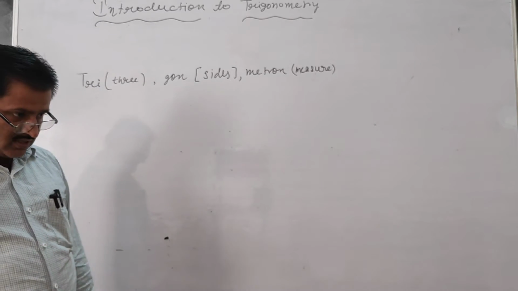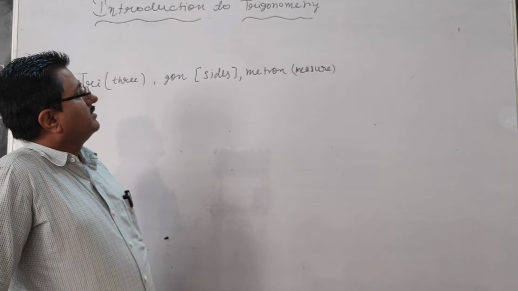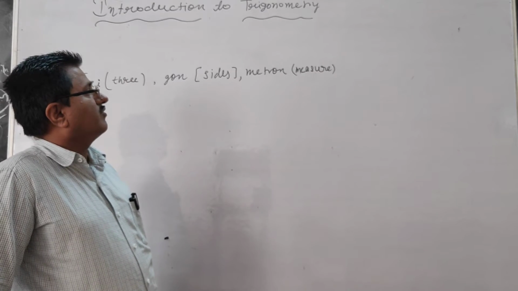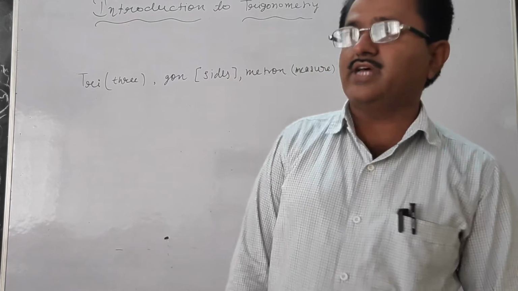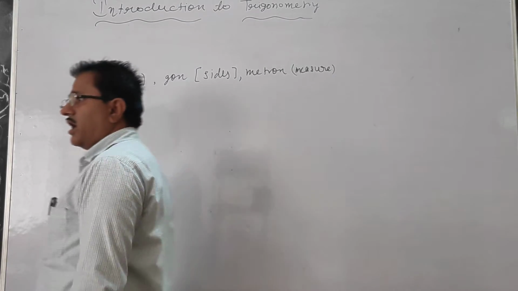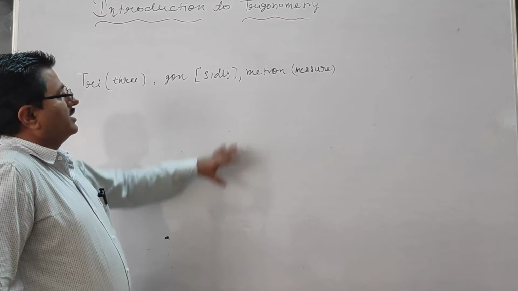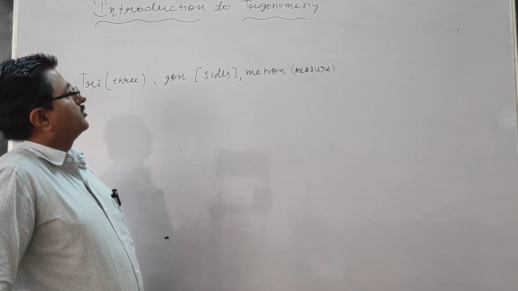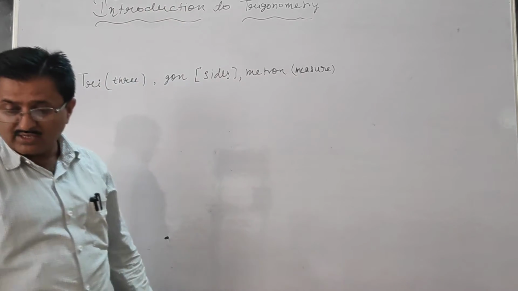Especially, trigonometry is the branch of mathematics which deals with the study of triangles, angles and sides. Or we can say it studies how to find angles, or what the relationship is between the angles and sides of a triangle. That is known as trigonometry. So this is a very important branch of mathematics.